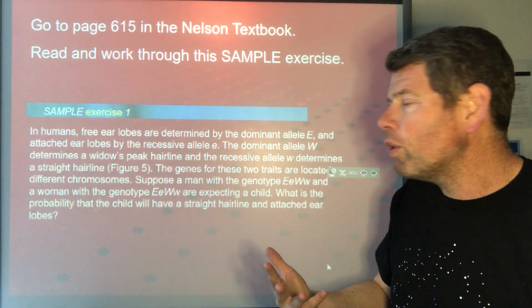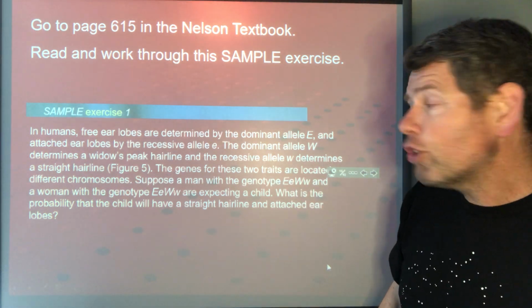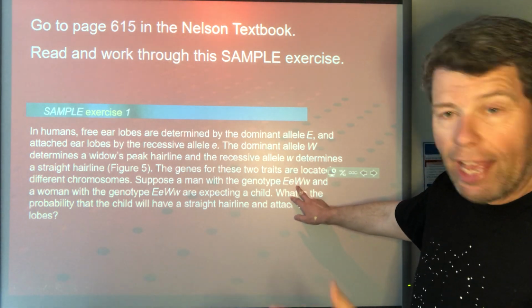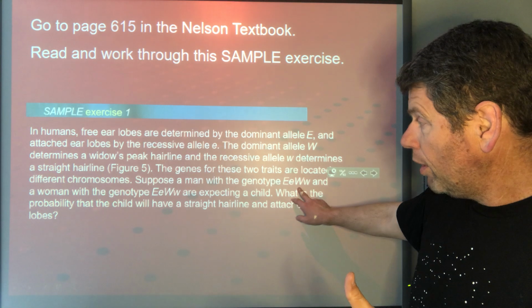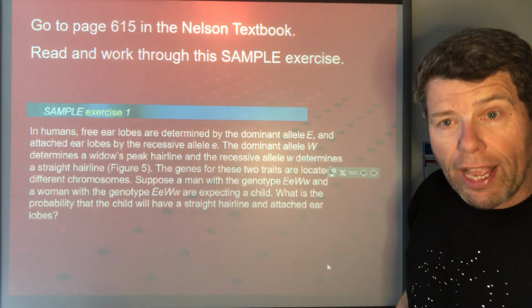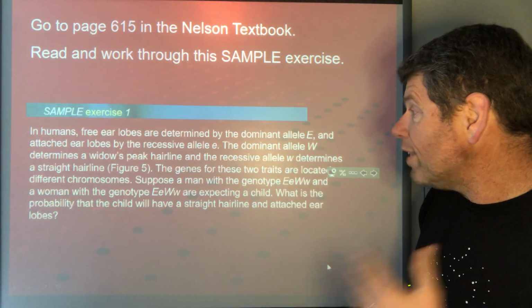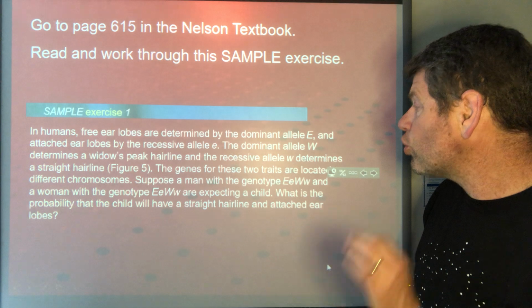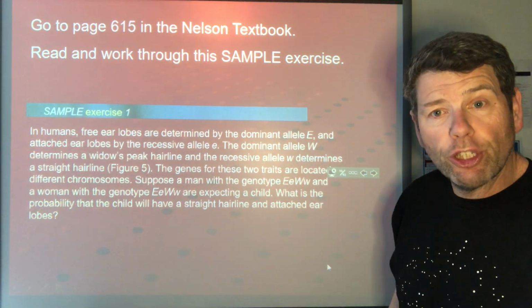So let's say we were looking at those 2 traits, and then we had a man who is heterozygous for both types, mates with a woman also heterozygous. What is the probability that they would have a child that has a straight hairline and attached earlobes?